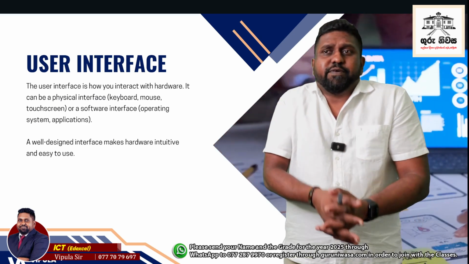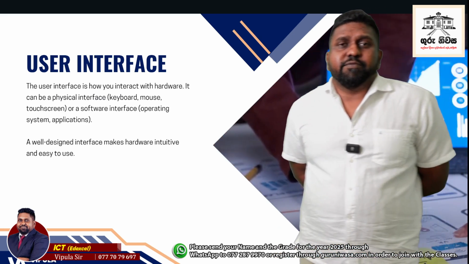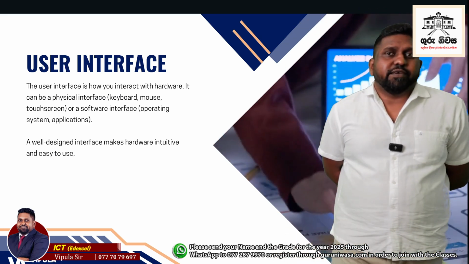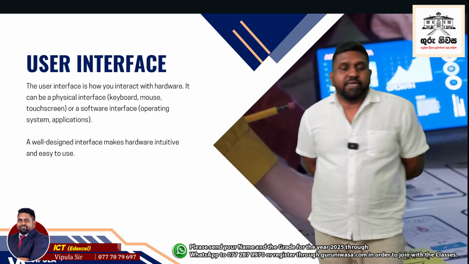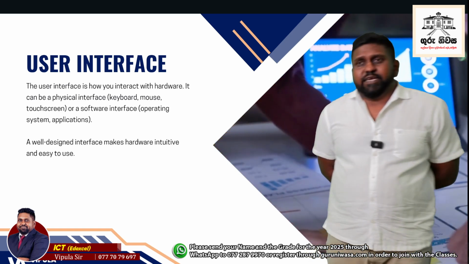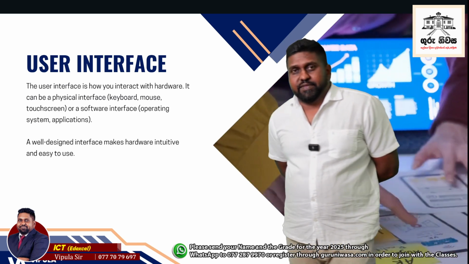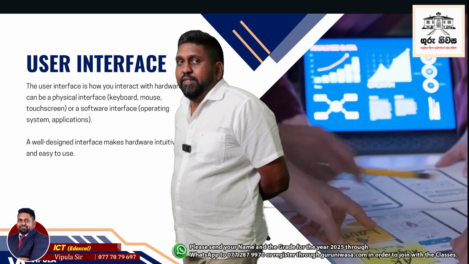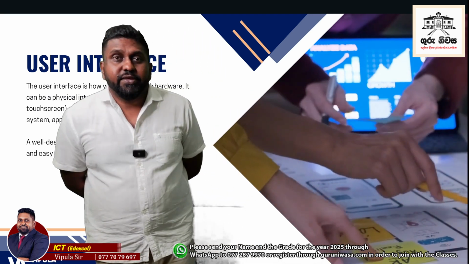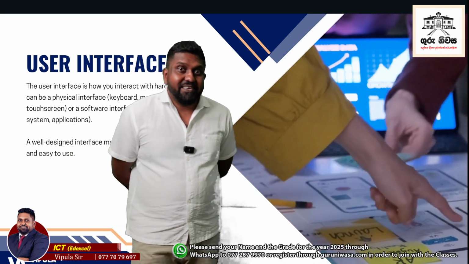Any type of operating system will also give you an interface to interact with it. But that is the software user interface, and it can be something else also. It can be a physical interface also.